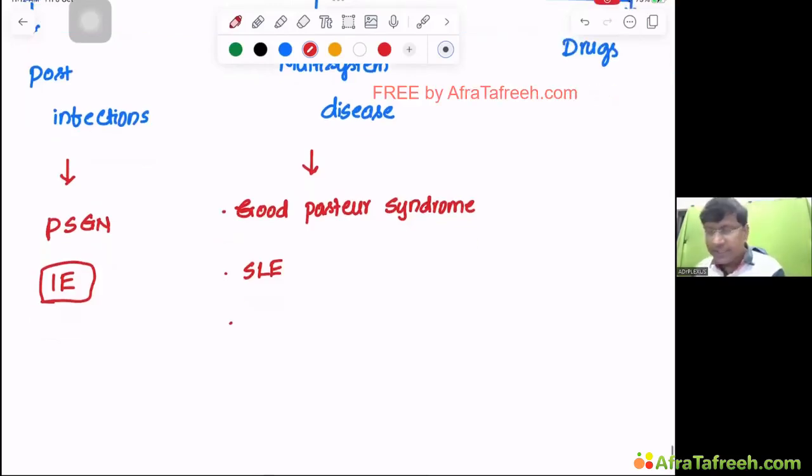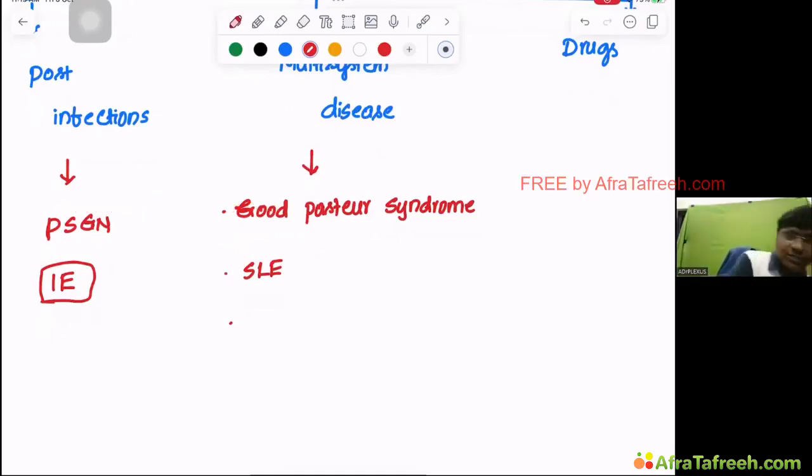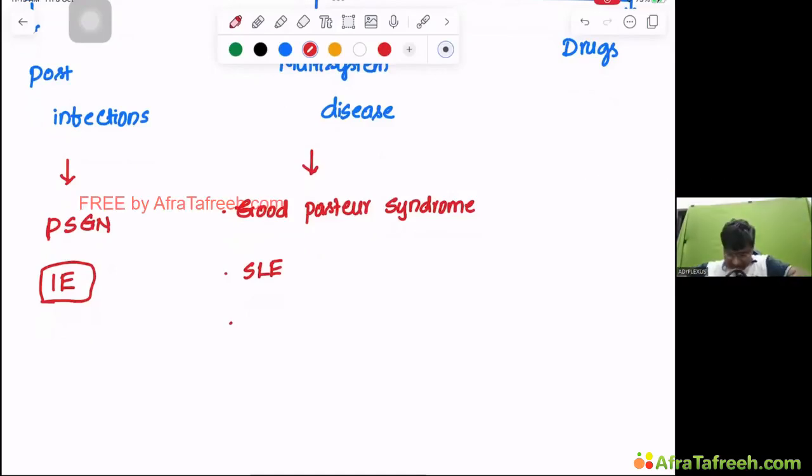Okay. Then, can anyone tell me examples of small vessel vasculitis? Small vessel, Jacob, polyarteritis nodosa is what? That is not a small vessel vasculitis, right? Very good. One is microscopic polyangiitis. One more.